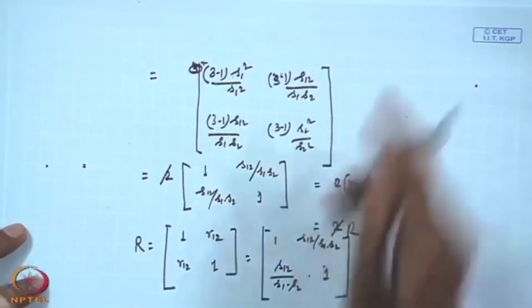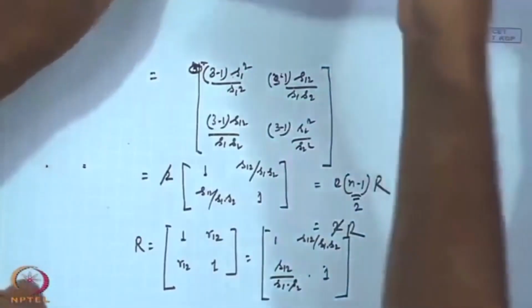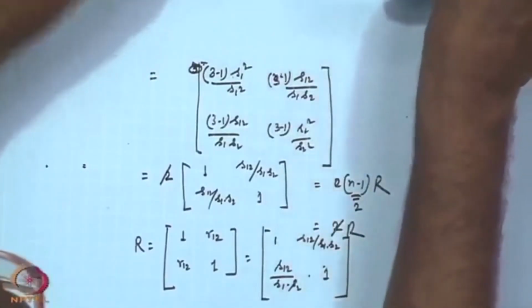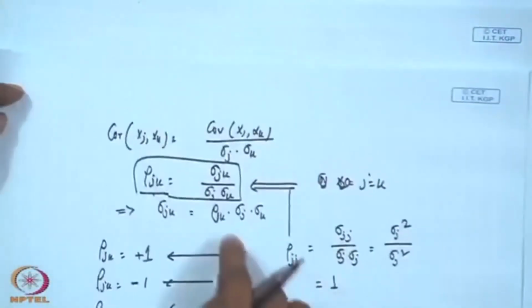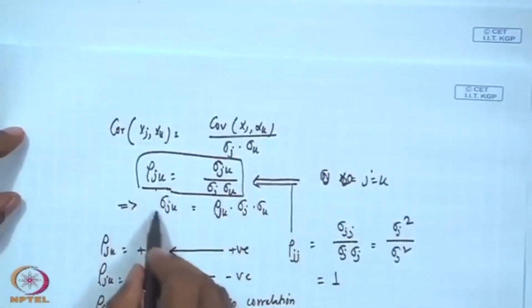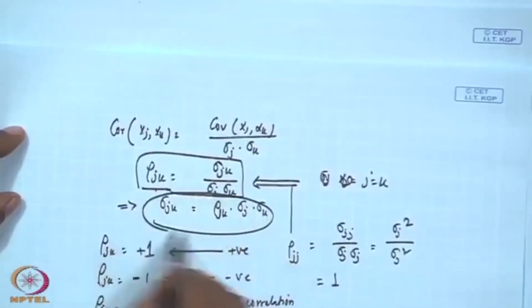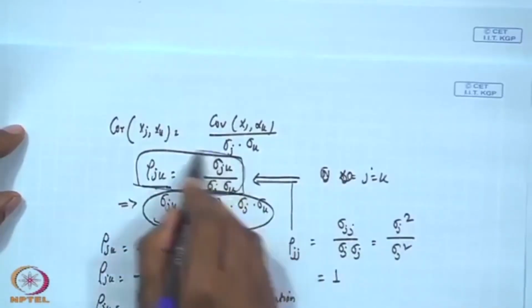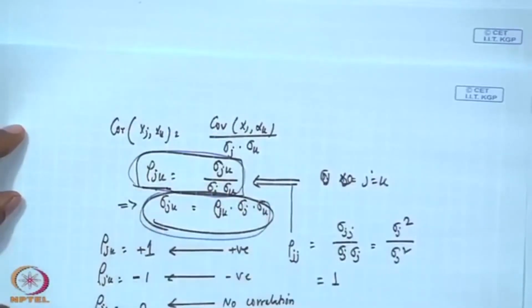Correct. And I think we have seen earlier the relationship between correlation and covariance. In the population domain, we said this one, as well as this.